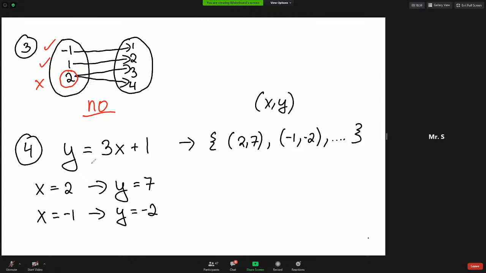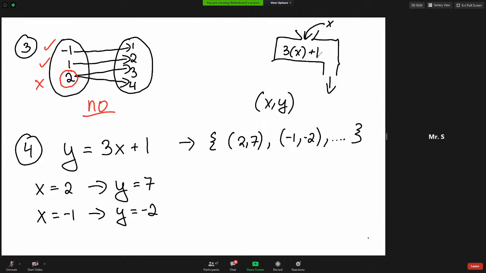Remember, think of this as a machine that takes in an input and produces an output. And if for every input there is a unique output, then it's a function. Here, if I put in some number, then this function tells me what to do with that input: multiply it by 3, whatever that x is, and then add 1.